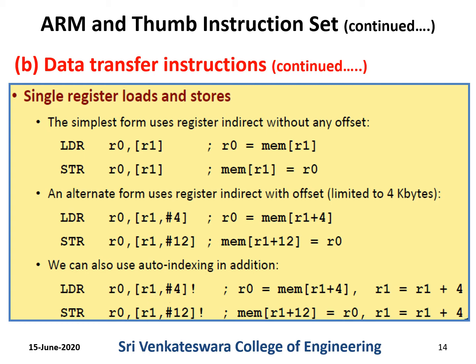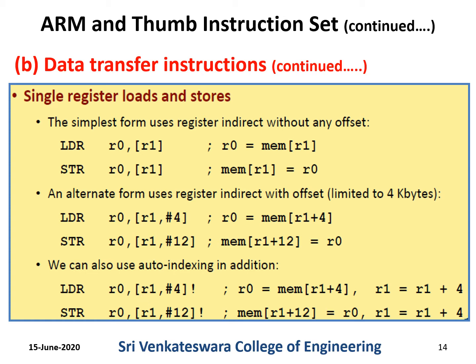incremented by 4. If you compare the register indirect with offset method and the auto indexing method, in the offset method the value of R1 does not get modified, whereas in the auto indexing method the value of R1 gets modified.